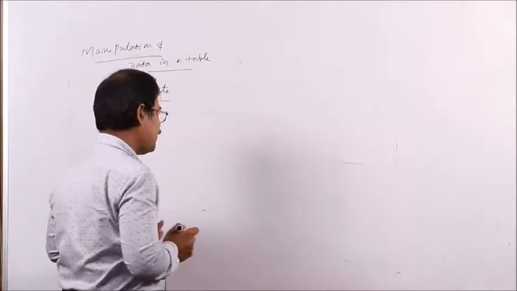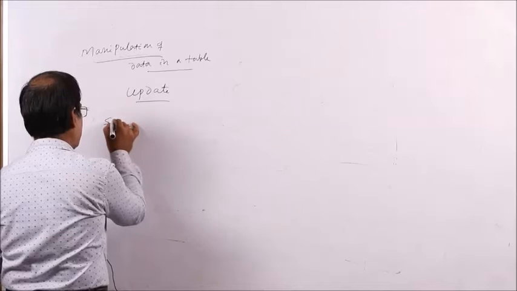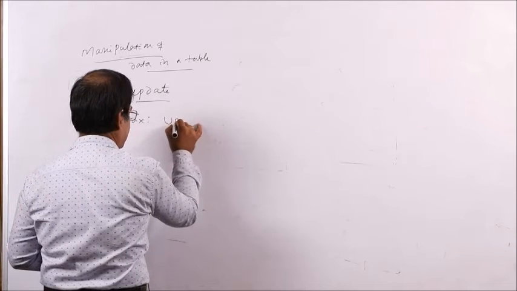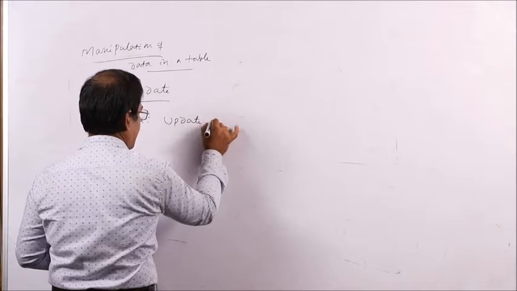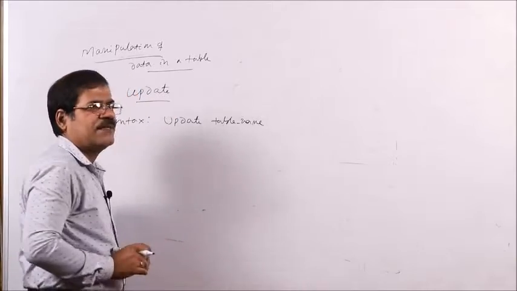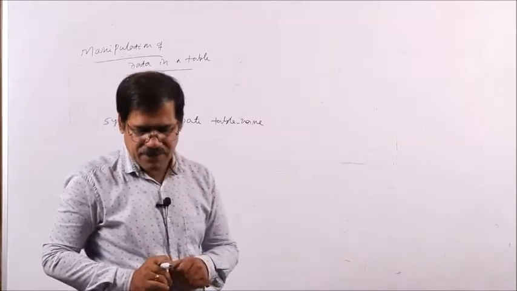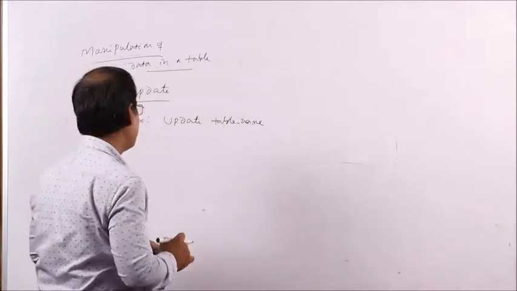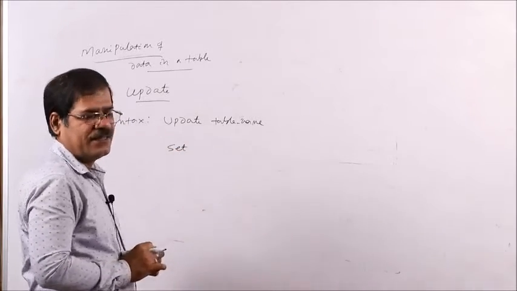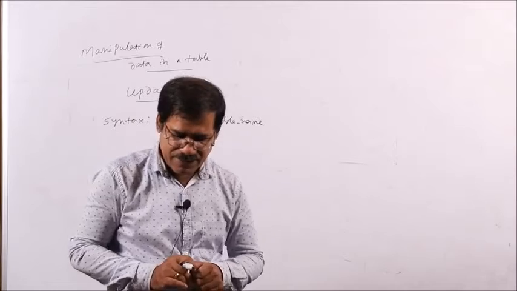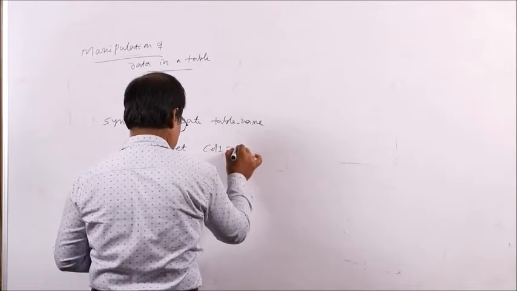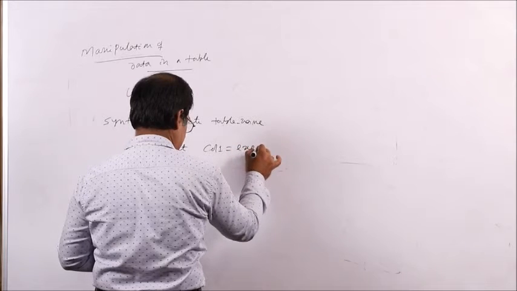So, the syntax is what? Update table name, which table you want to update, and you can set the new value. So, set column 1 equal to expression 1.